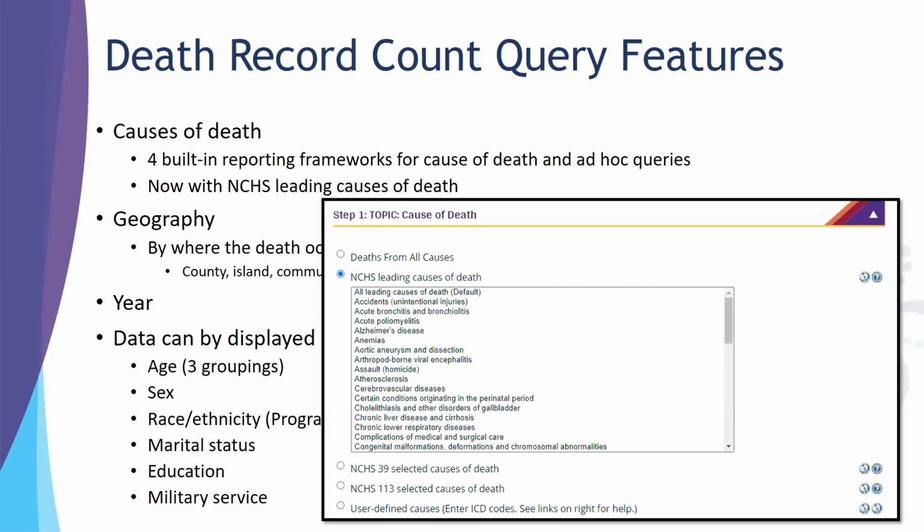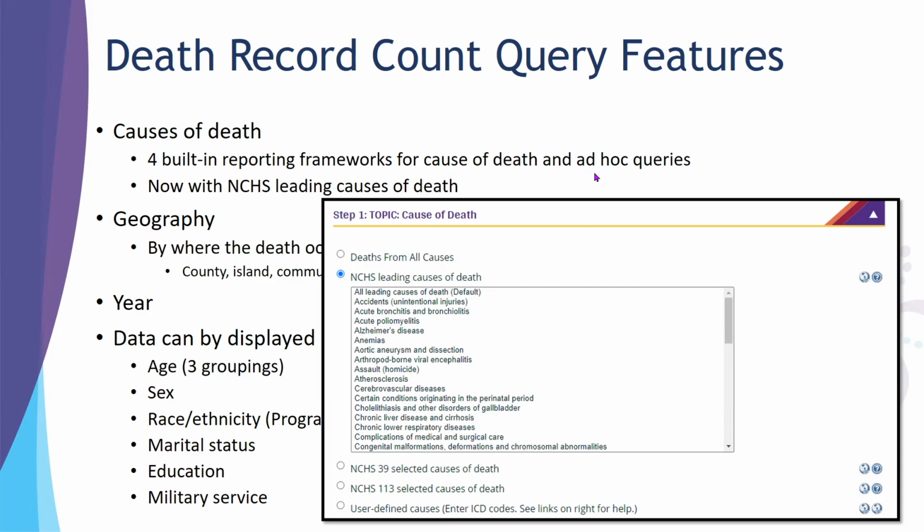So let's first review the death record count query. We've updated the reporting framework of the entire death module to now match the leading causes of death reports. So you can now choose from the 51 leading causes of death, 39 selected causes of death, or 113 selected causes of death, or you can specify your own ICD-10 codes when you're looking at causes of death.